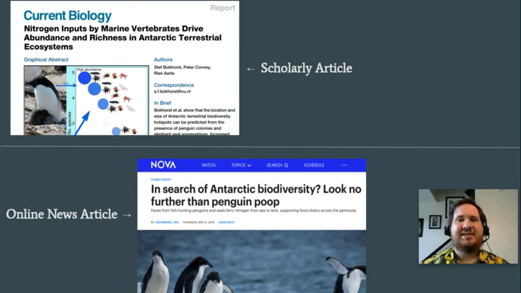But it also takes the original title, saying that nitrogen inputs, which are also known as penguin poop, by marine vertebrates or penguins, drive abundance and richness in Antarctic terrestrial ecosystems. So they help to enrich the soil, and create biodiversity.